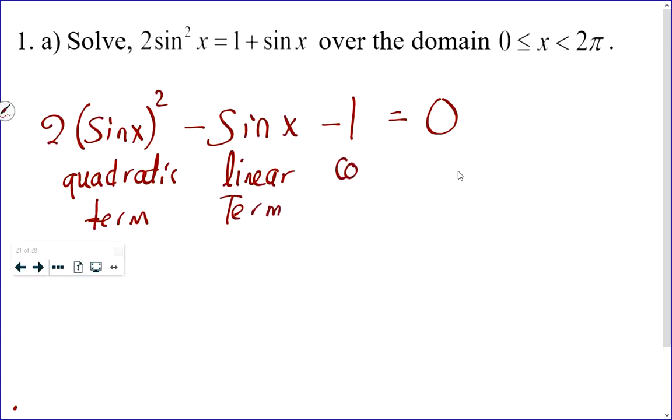And this is my constant term. And I got minus sine x minus 1 simply by zeroing the equation and subtracting 1 from both sides and subtracting sine x from both sides. Are you with me on that so far? Does anybody have any questions with this?